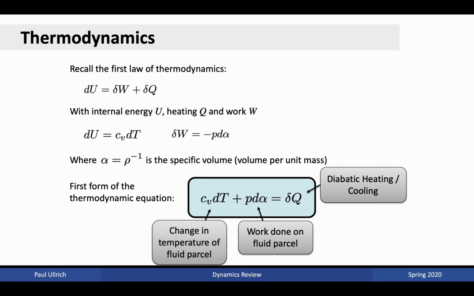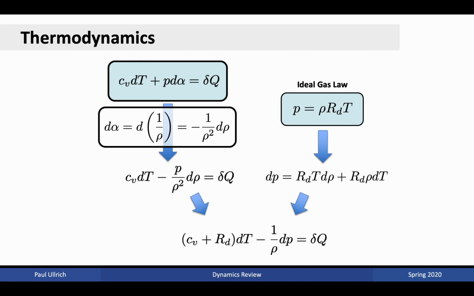Plugging these two in, one then obtains the first form of the thermodynamic equation, which includes our standard thermodynamic quantities of temperature, pressure, and density, and relates that to diabatic heating and cooling, which is additional heat added to the system. One can further manipulate this equation by plugging in the ideal gas law.